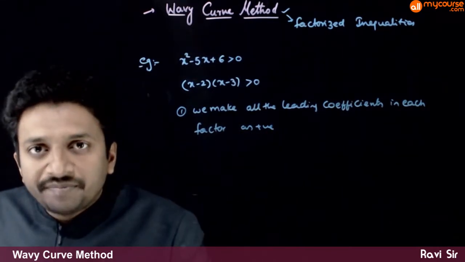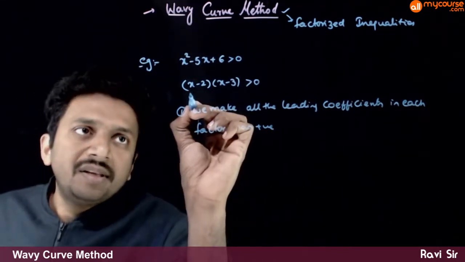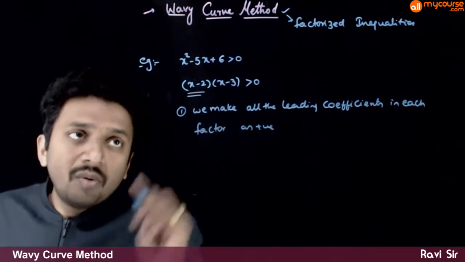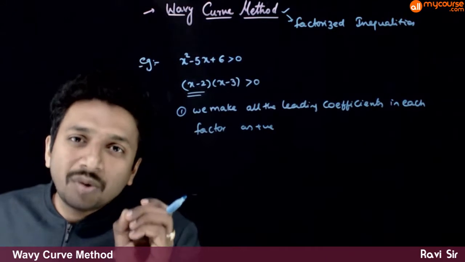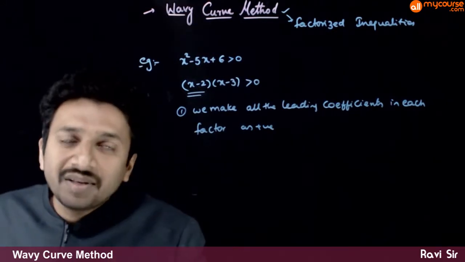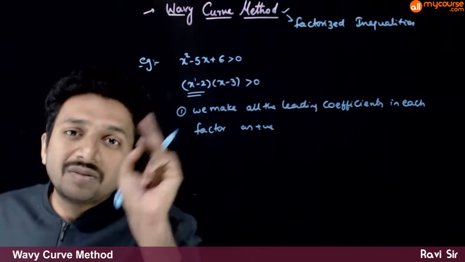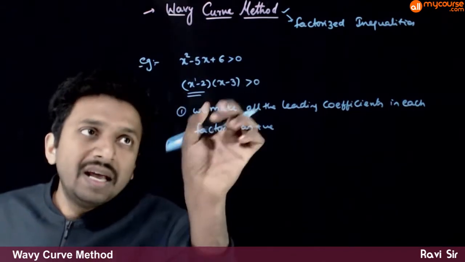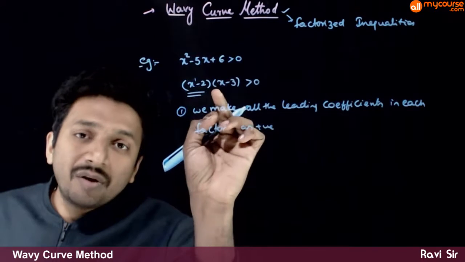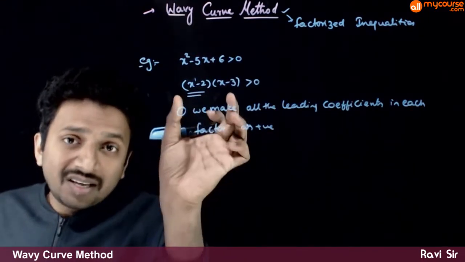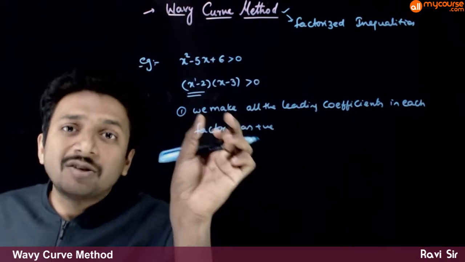That's the first step. Now if you see the first factor, this is x minus 2. What is the leading coefficient? Leading coefficient is the coefficient of the highest power of x. Here the highest power of x is x power 1. So what is the leading coefficient? Plus 1. It's already positive. X minus 3, the leading coefficient is plus 1, already positive. So in this question, the first step has already been done.